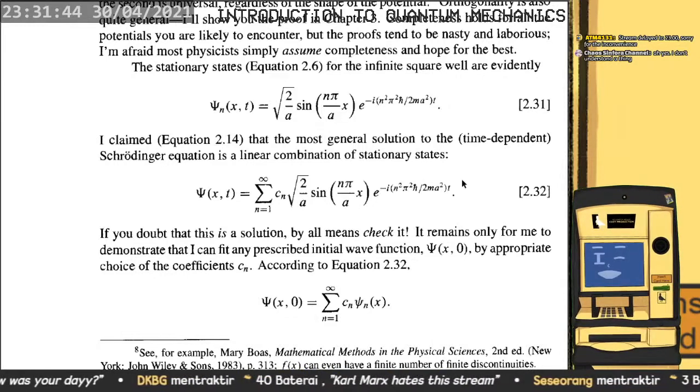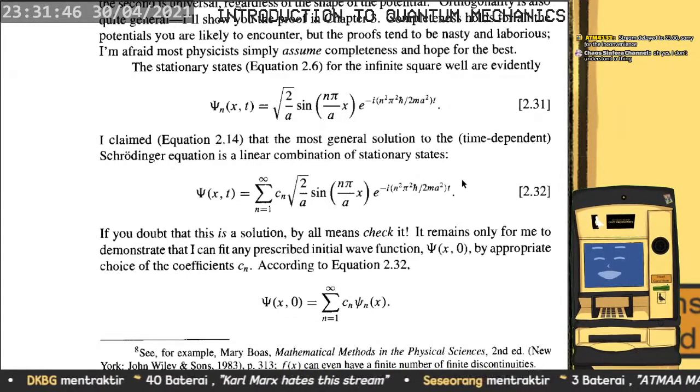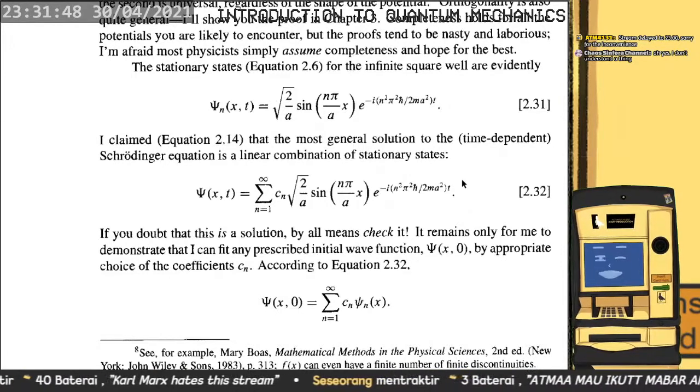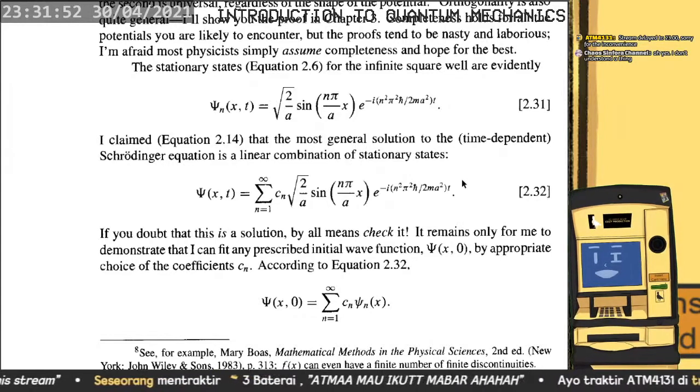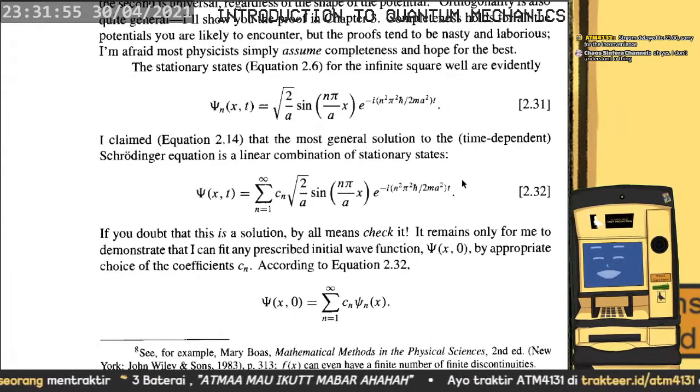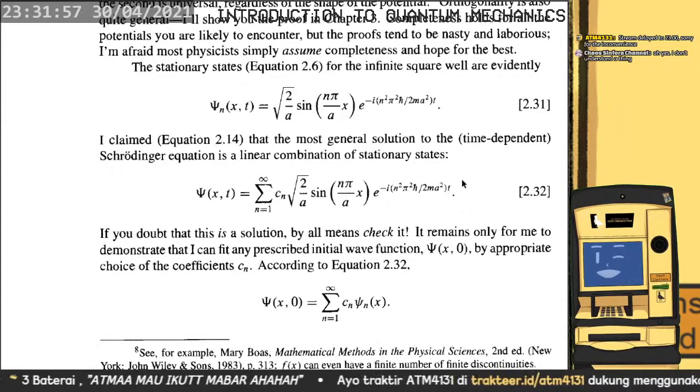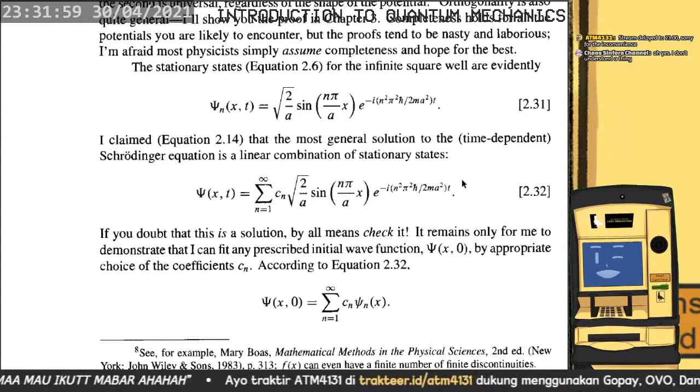If you doubt that this is a solution, by all means check it. It remains only for me to demonstrate that I can fit any prescribed initial wave function Ψ(x,0) by appropriate choice of the coefficients Cn.